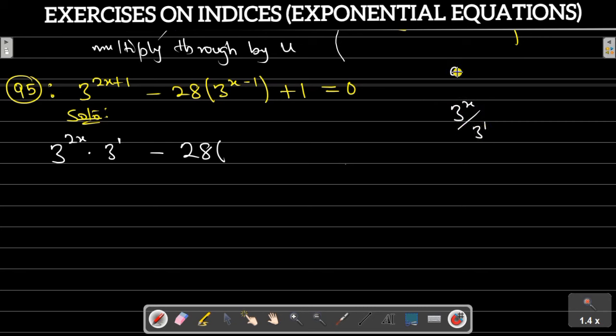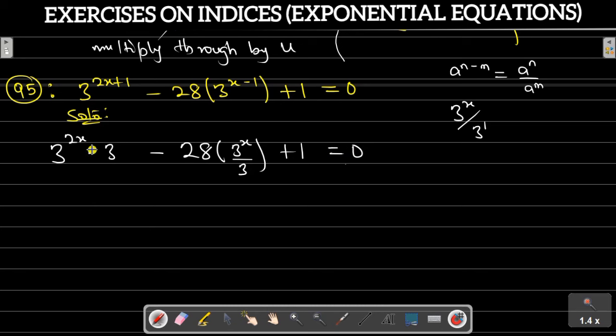Why? Because a to the power of n minus m is equal to a power n all over a power m. That's the rule of division. So we write 3 raised to the power x all over 3 raised to the power 1, which is also 3, and we leave this one here as 3. Then we close that bracket, and plus 1 equal to 0.